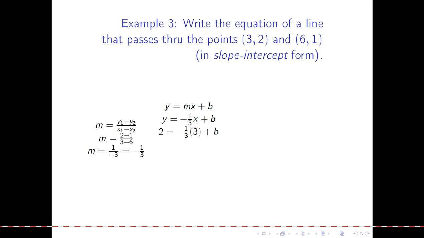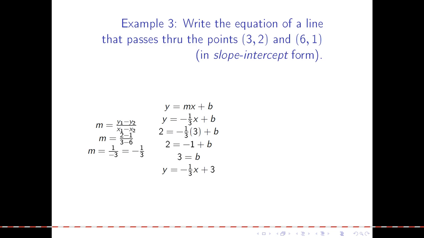If I then do my multiplication, notice I get this and I move over and I get 3 is my b value. So I can substitute that back in, and my final answer is y equals 1/3 x plus 3. And you can check this by putting in either of these points, put in both of them in fact, and they should both work in this situation if you do this correctly.